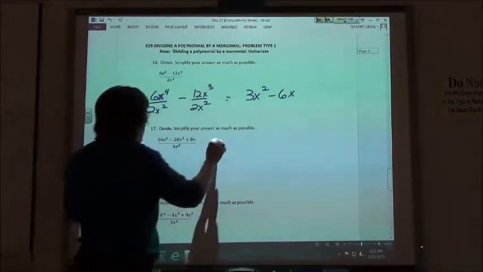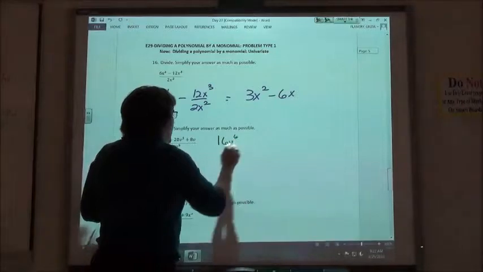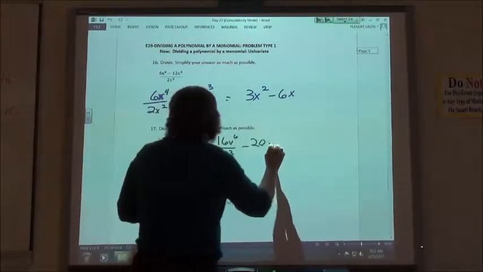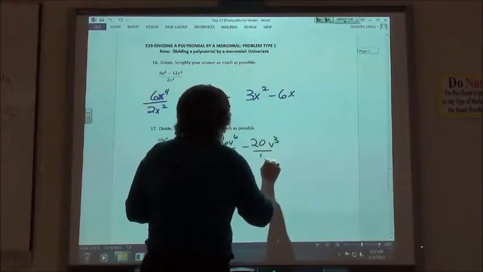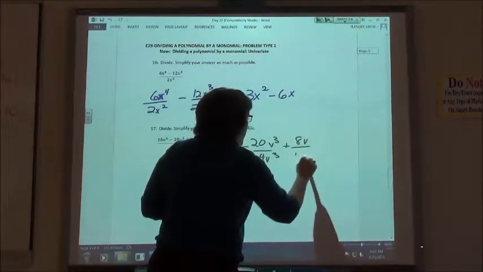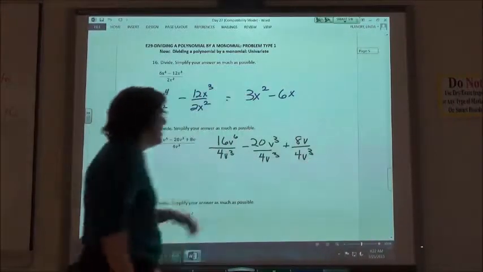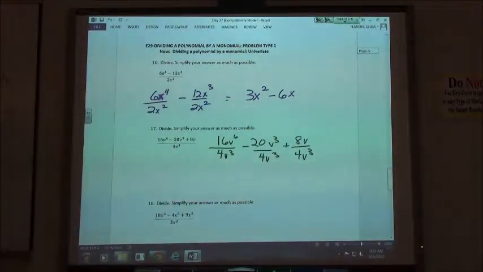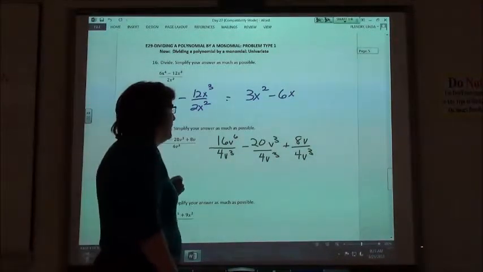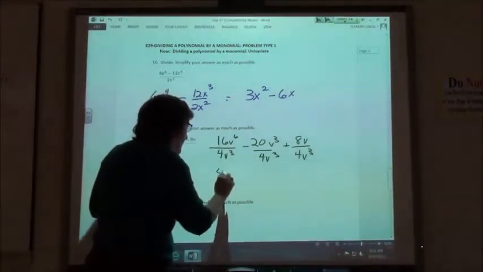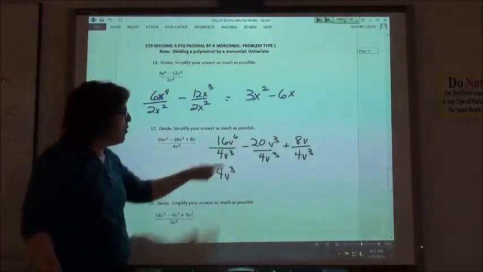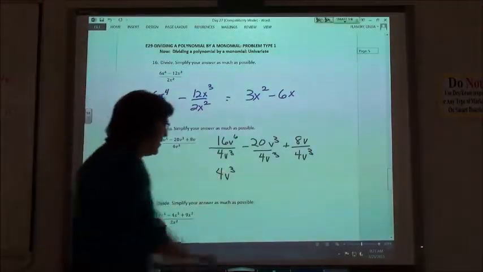So on the next one we have 16v to the 6th divided by 4v to the 3rd minus 20v to the 3rd divided by 4v to the 3rd plus 8v divided by 4v to the 3rd. So on the first one we would get 4v to the 3rd. 16 divided by 4 is 4, and 6 minus 3 is 3.